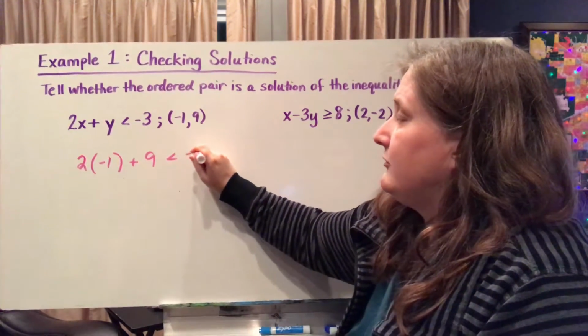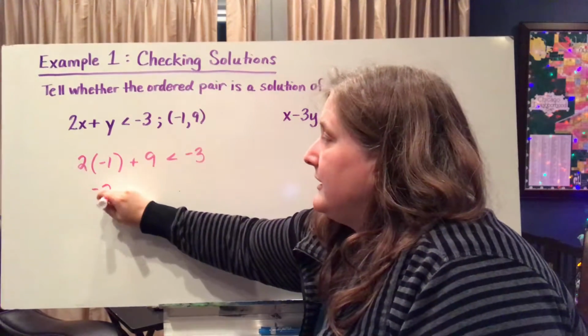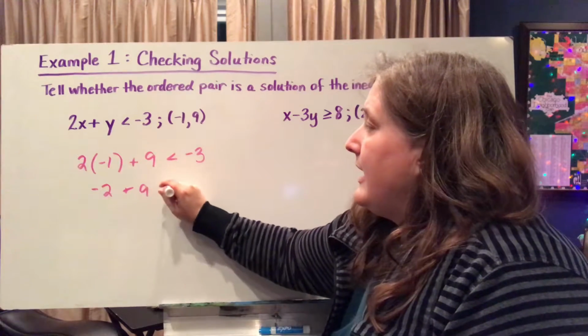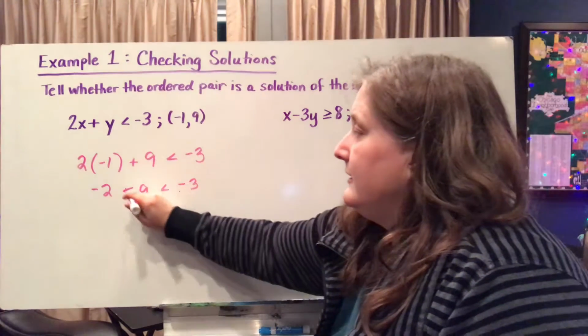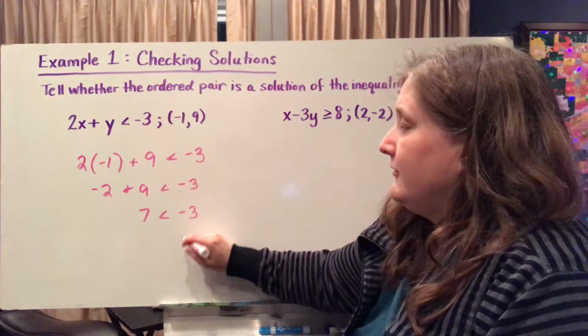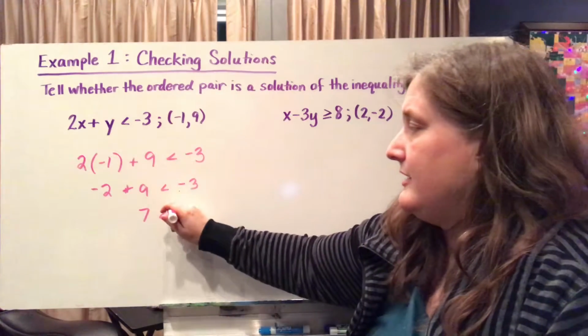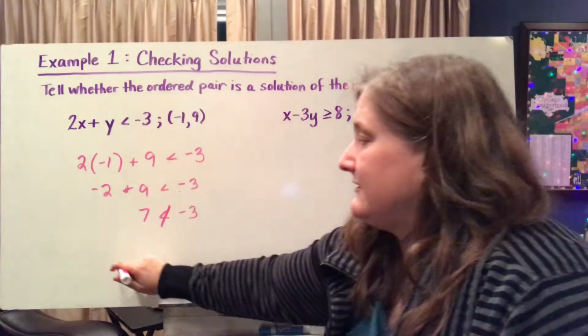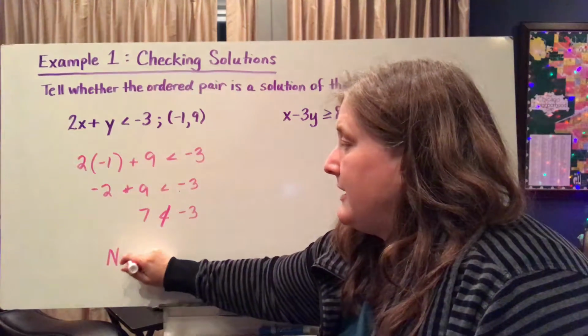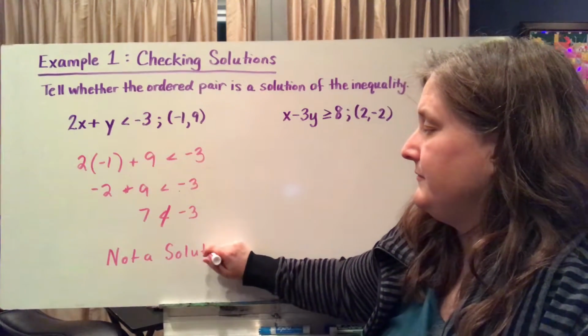And I want to see if that is truly less than -3. So 2 times -1 gives me -2, and -2 plus 9 gives me +7. And so for my final answer here, I have 7 is less than -3. This is not true, which means that ordered pair is not a solution for my inequality.